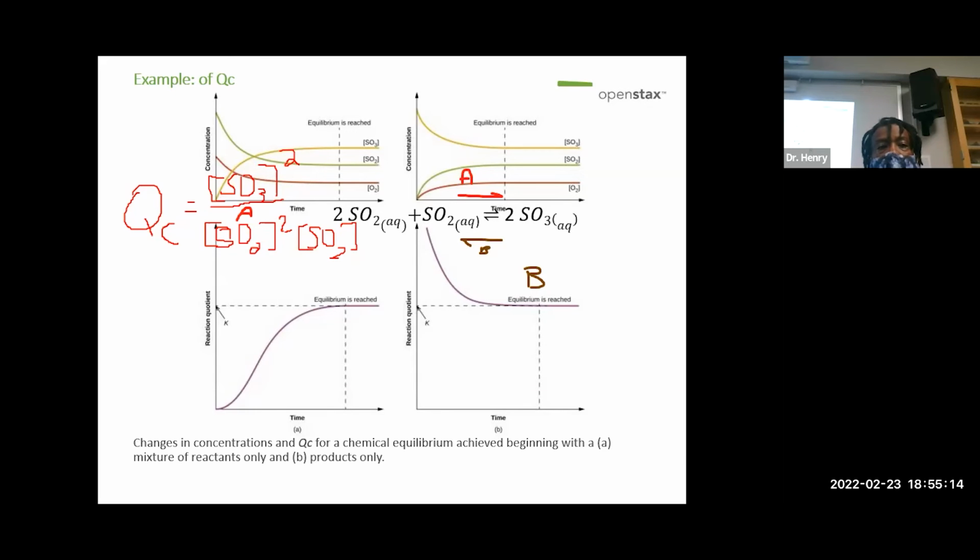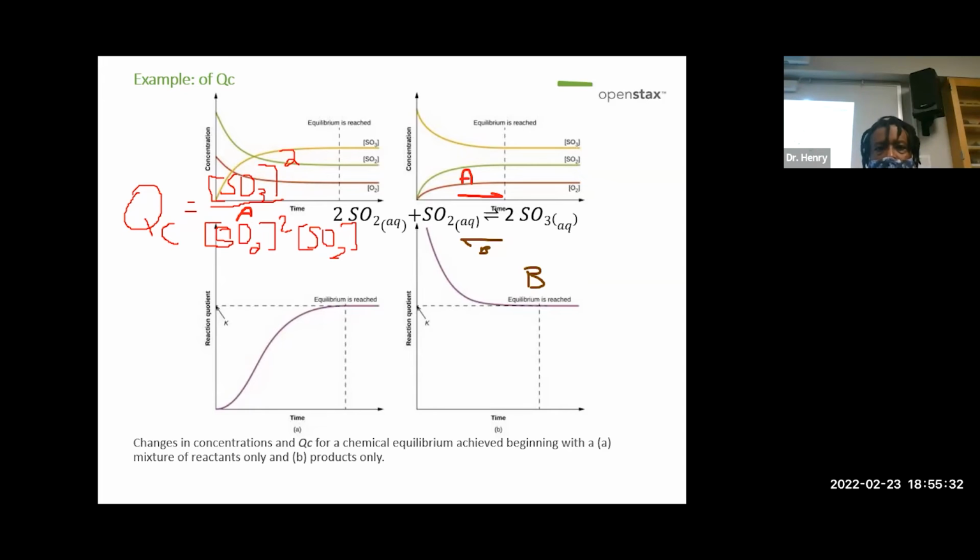Depending on the concentrations that we are at that particular point, that will let us know, and then we'll compare that to our equilibrium constant. If the equilibrium constant and the quotient are the same, then we're at equilibrium.